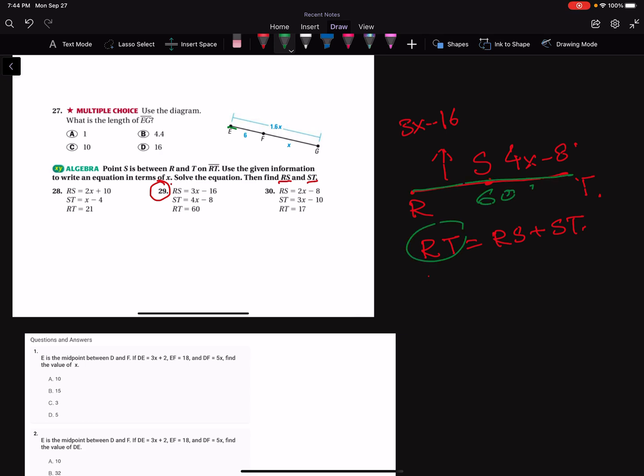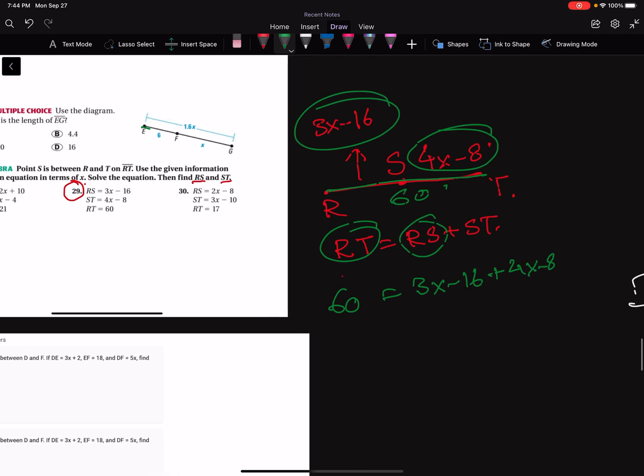So RS is 3x minus 16 and ST is 4x minus 8, and you add them.